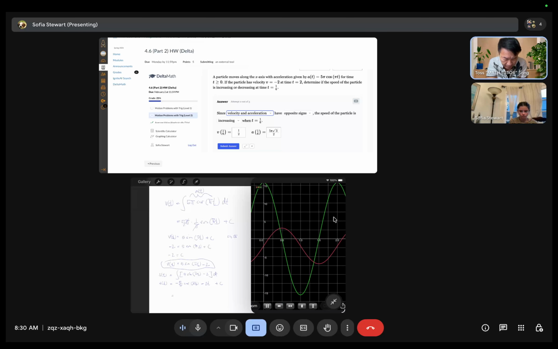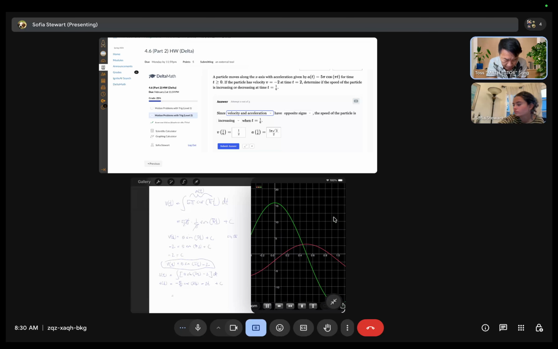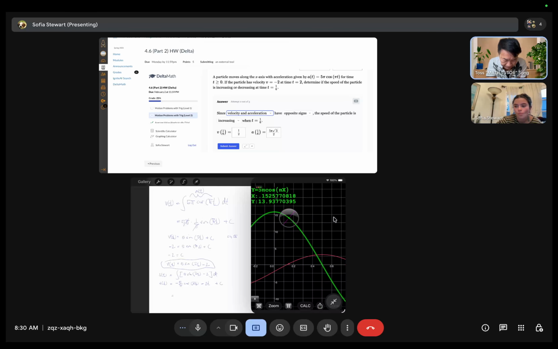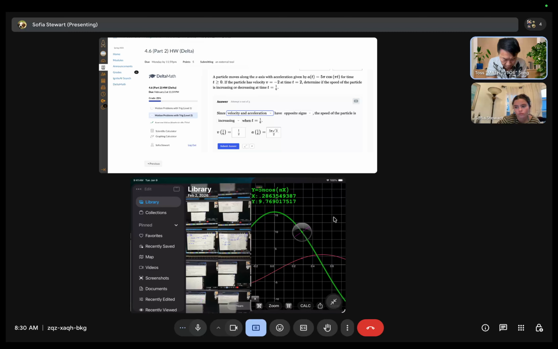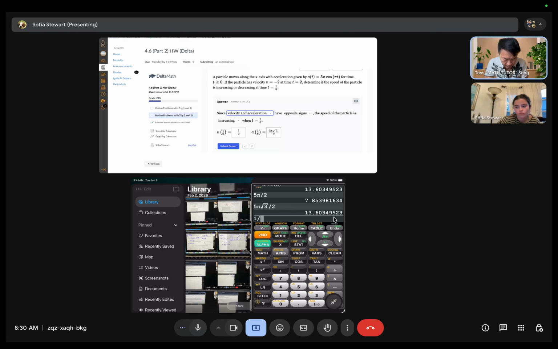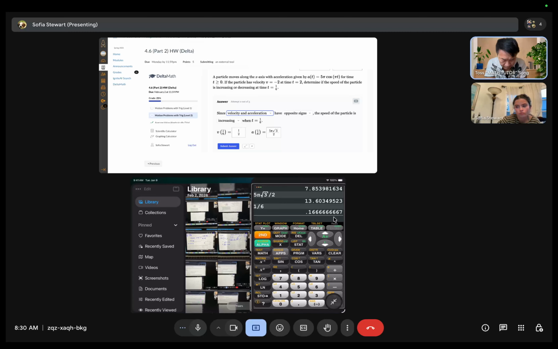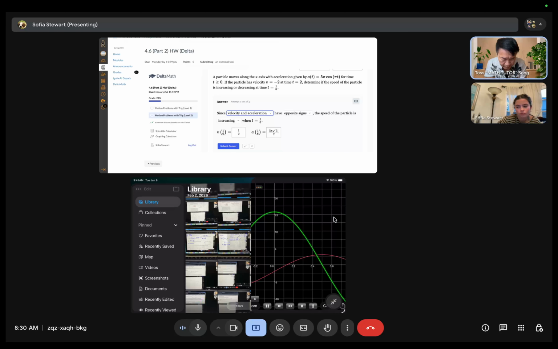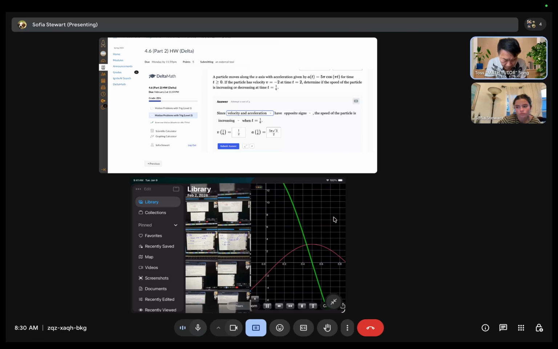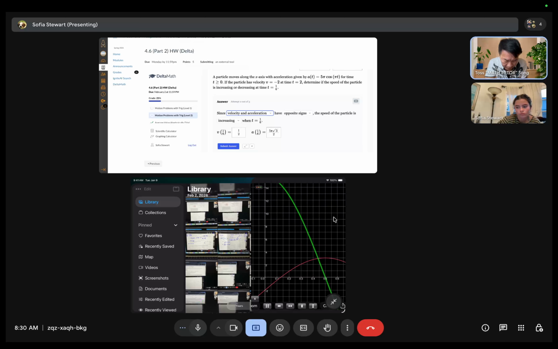Not at 2, at 1/6. What is 1/6? It's 0.1666, almost 0.2.